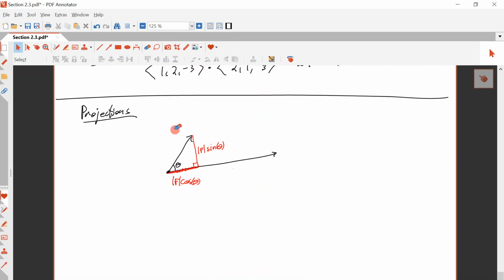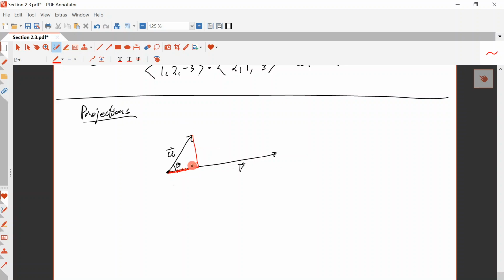We'll call them just u and v in this instance, since we're not necessarily talking about physics, just talking about the vectors in general. Here's u and here's v. This one here is the length of u sine theta, and this one here is the length of u cosine theta.